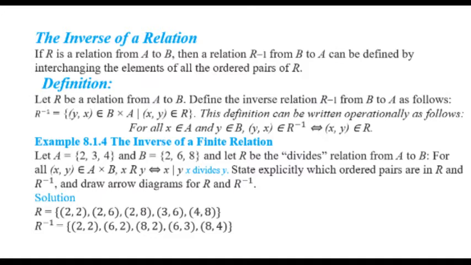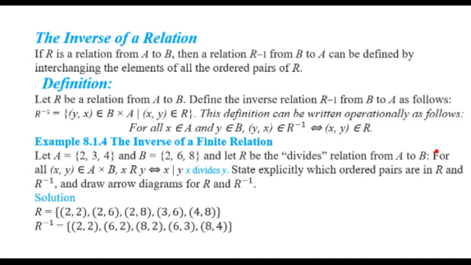So let's see an example of the book, example 8.1.4. Okay, so let A be a set of three integers 2, 3, and 4, and B be another set of integers 2, 6, and 8, and consider R as the divides relation from A to B. So more precisely, we can define it in this way.